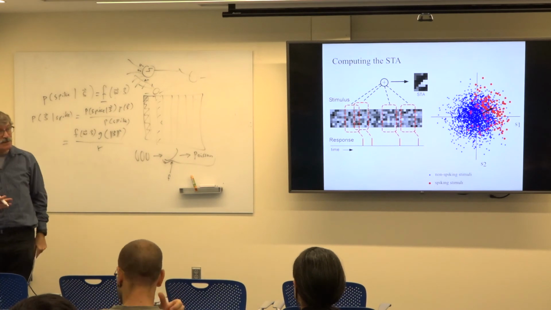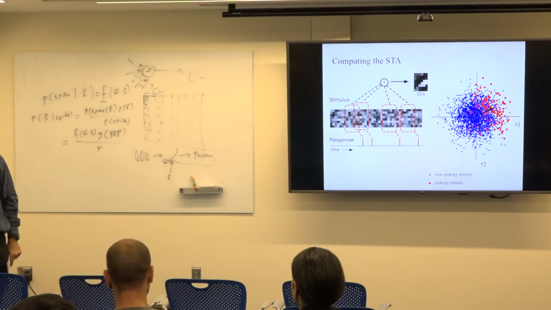So when you average together these samples, what is it you're estimating? That average, if we calculate it forever, infinite amounts of data, and we average all the stimuli that happened when there was a spike, what are we going to get in notation?